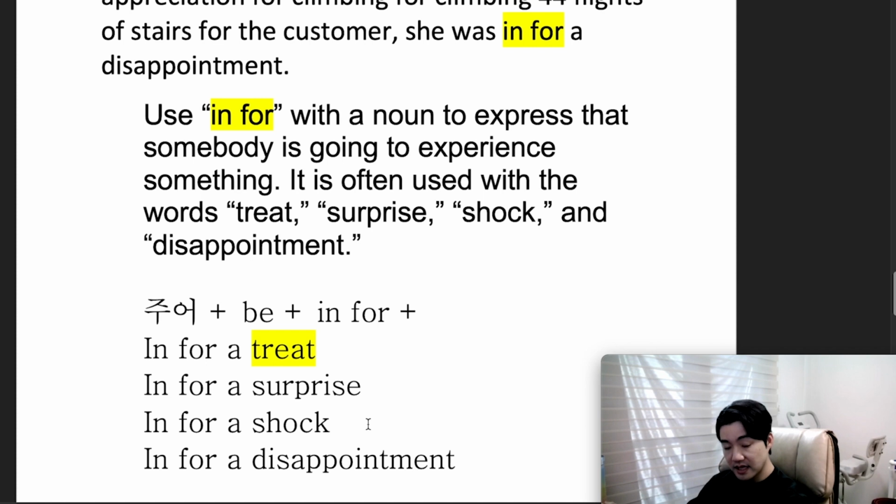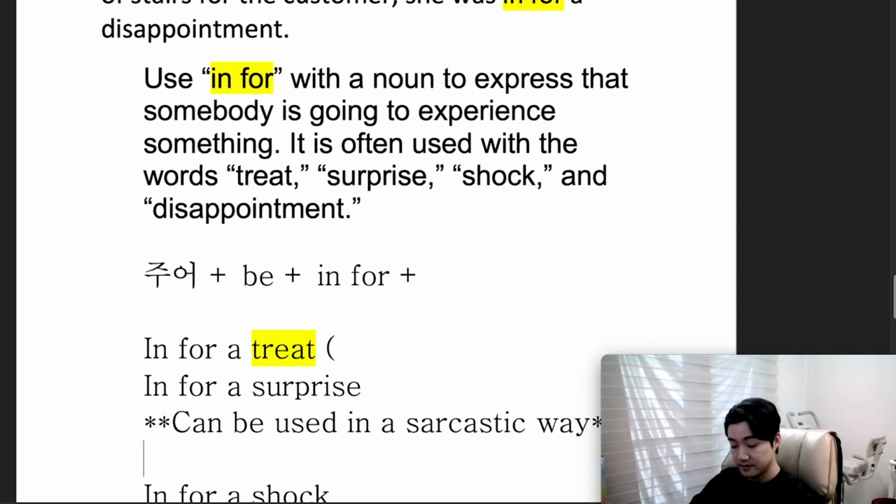Like that's what we mean. In this situation, it's more of a sarcastic 비꼬는 말. Sarcastic way of saying you're in for a treat. Sarcastic, 비꼬다, right?